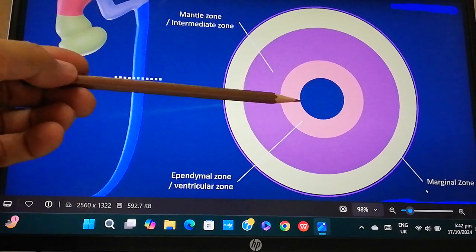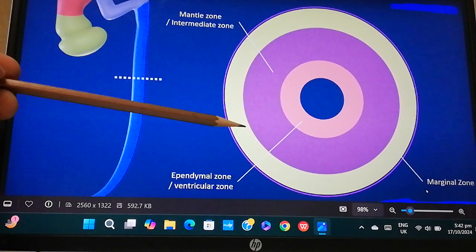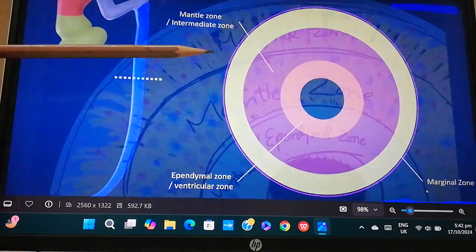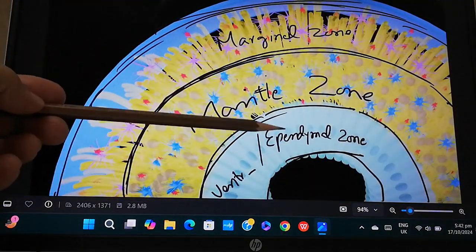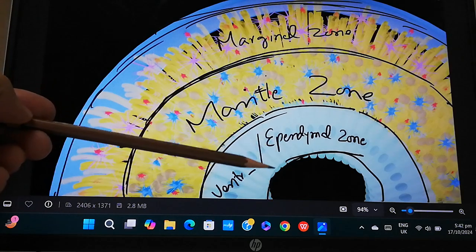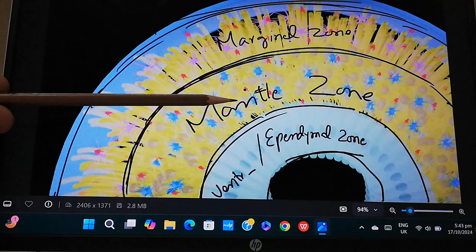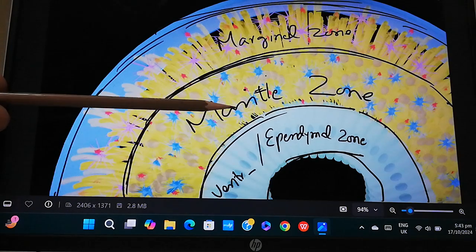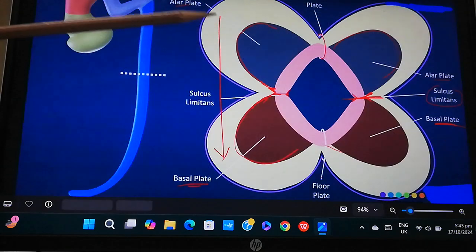So we have the ventricular zone, the mantle zone, and the marginal zone, right? So now you can well see that the ependymal zone is showing the epithelium, giving rise to the next layer, the mantle zone, the gray matter, and the marginal zone that is forming the white matter.